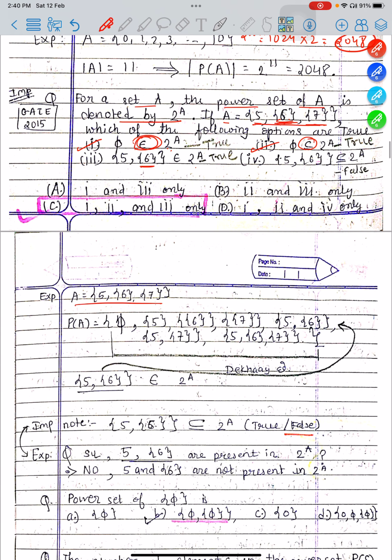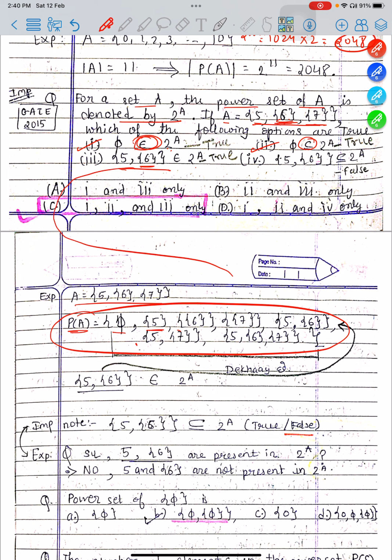This is the power set. Just see this here. This element belongs to it. Where is it? Here. But can you see this element? Is it a subset? False.